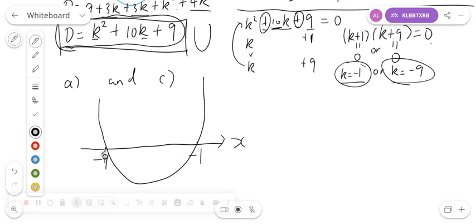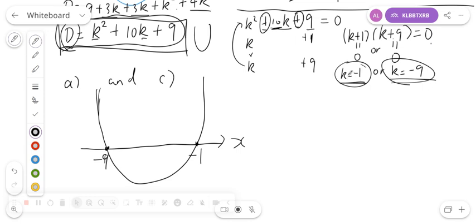And then you can see between -9 and -1, that is my solutions when y equals 0. And then we have my quadratic like that. So when we want D equals 0, we have these two solutions. We already determined that. So D equals 0 shows me the number of intersections, and that one tells me the value of k. How many k's we get doesn't really involve how many intersections we will have.